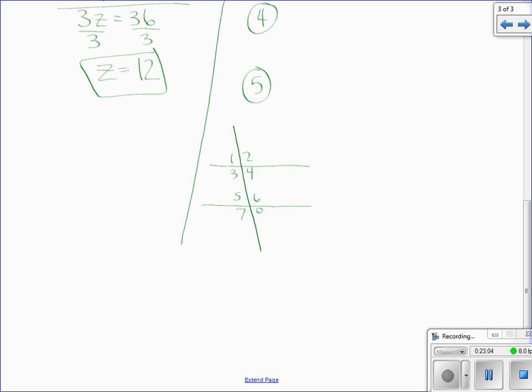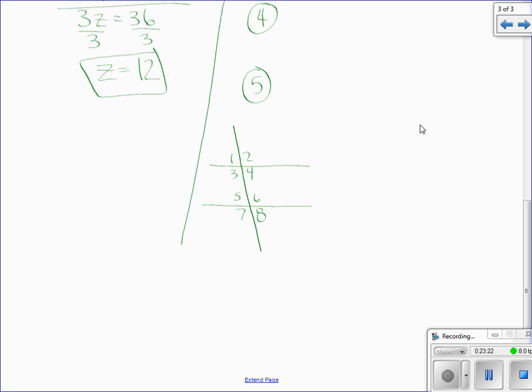So number 4 and 5, they're both referring to that picture on the right-hand side, which I've also written up here on the smartboard. They want to know what the angle degree is, and then also the reason why. So we're going to do both of those things for number 4 and for number 5.